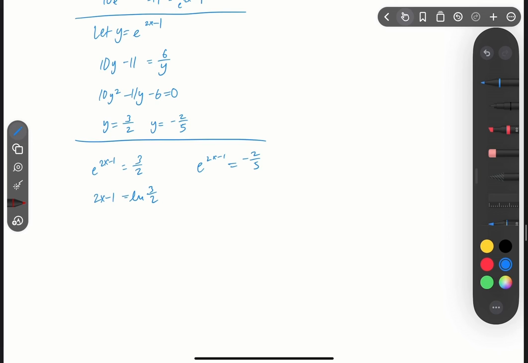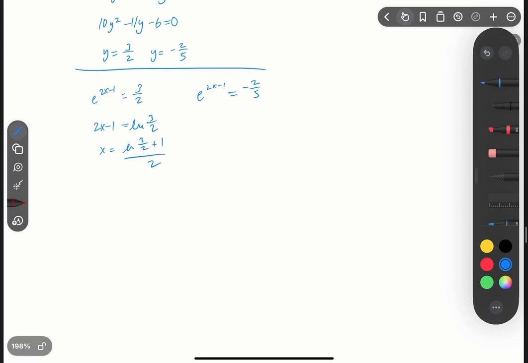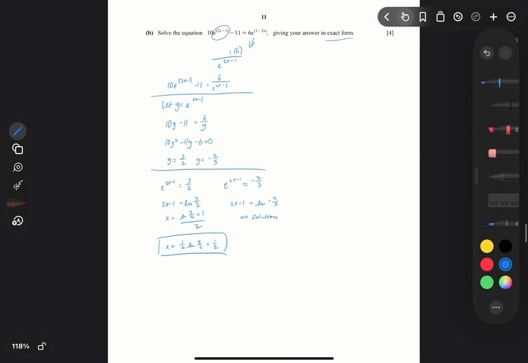This will be ln 3 over 2. This would be ln minus 2 over 5, which gives no solution because ln cannot be negative. So this is your only solution.